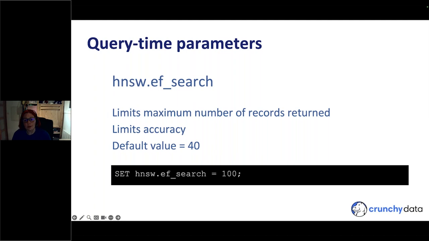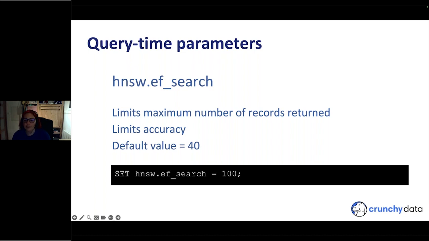There are some query time parameters that you can be aware of. For example, there is the EF search parameter. It's similar to the EF construction parameter that we saw in the HNSW index creation. This one limits accuracy, but it also limits the maximum number of records returned.